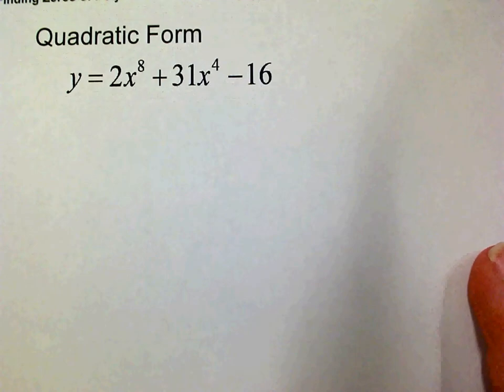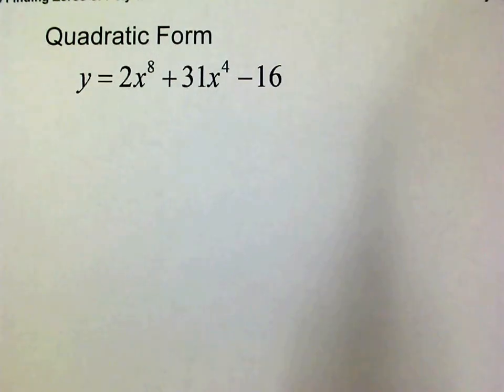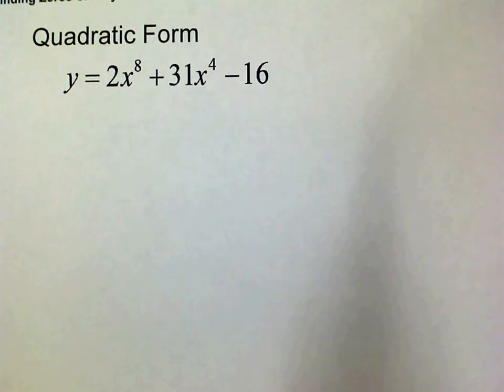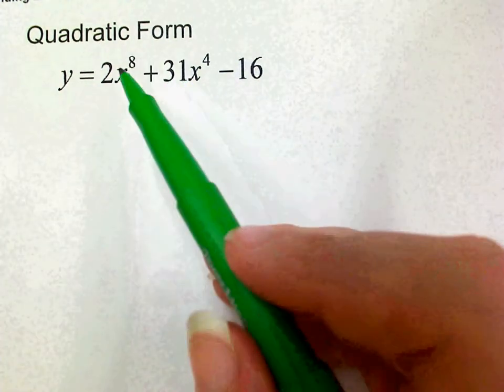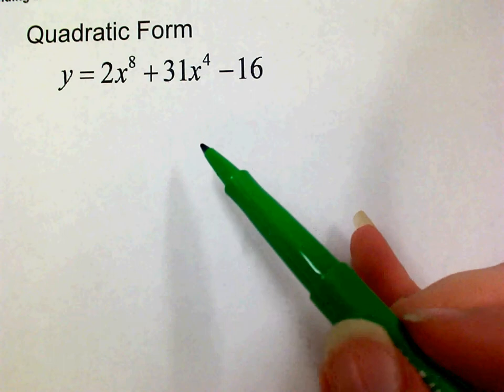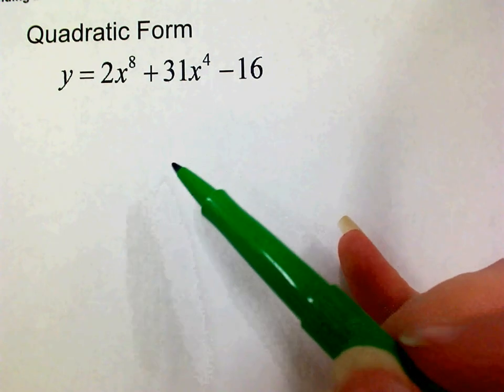2x to the 8th plus 31x to the 4th minus 16. Is 8 double 4? Okay, then we can factor it like a quadratic. So I multiply 2 and negative 16, because 2 can't factor out of 31, right?